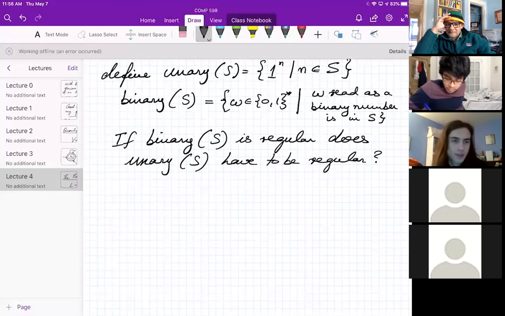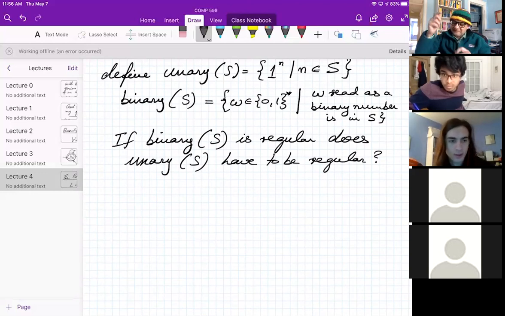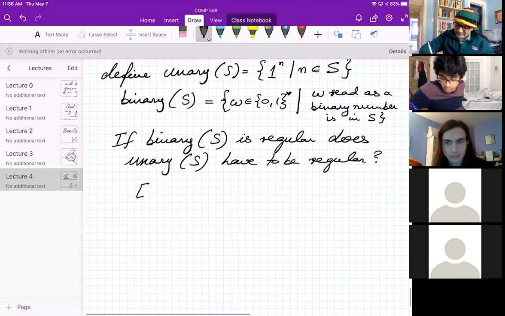The chat is saying no. The example given was 10* is regular, but 1^(2^n) is not. Exactly.